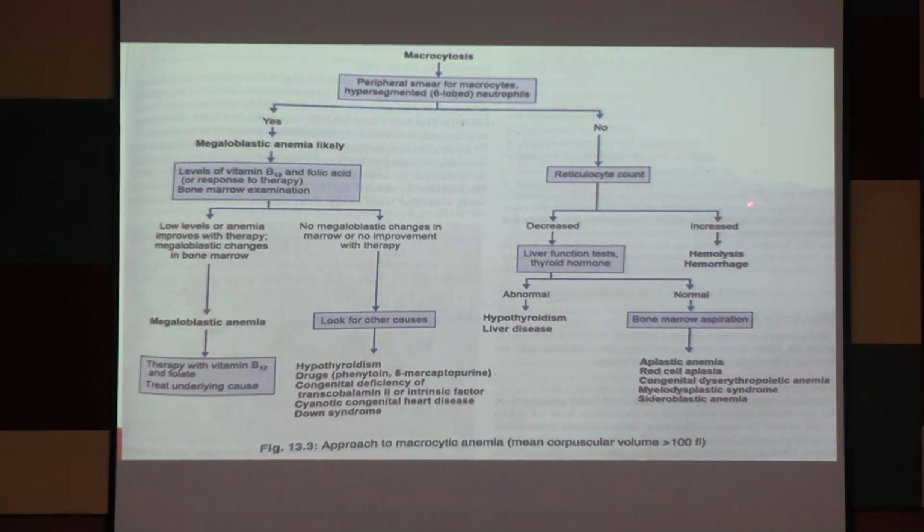And if reticulocyte count is increased, again we will think it is hemolysis or hemorrhage. When we are not able to find out any causes, we will do bone marrow aspiration. There we can find aplastic anemia, pure red cell aplasia, congenital dyserythropoietic anemia, sideroblastic anemia, myelodysplastic syndrome.